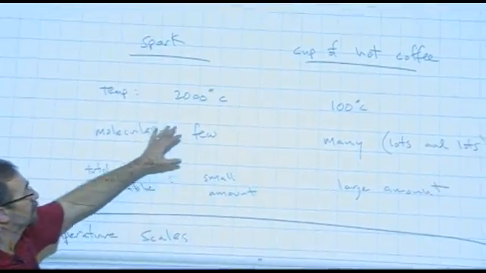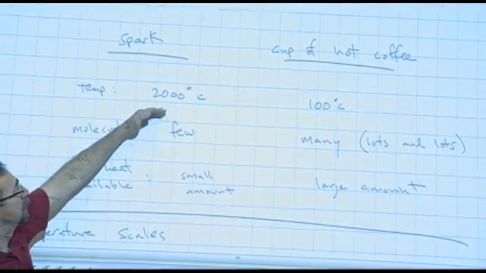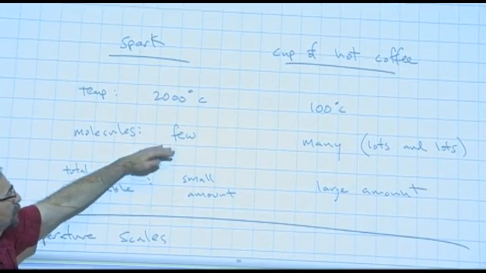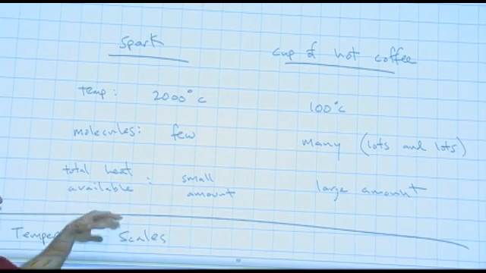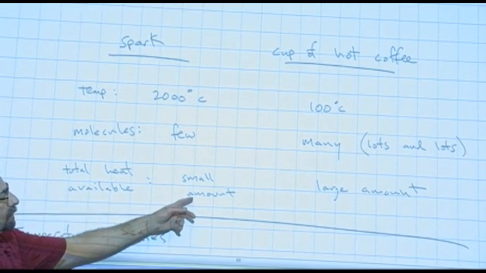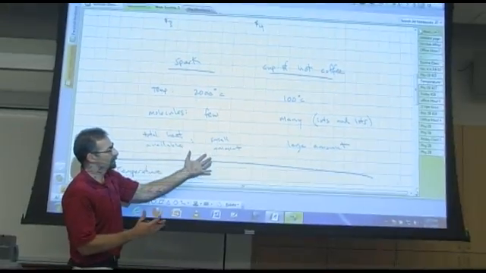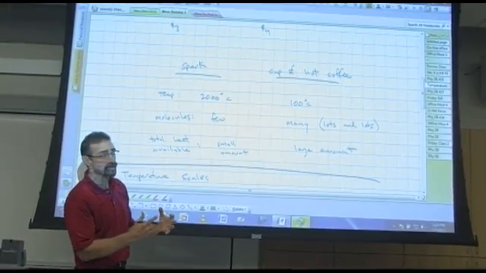temperature and heat. So temperature tells us the energy of each molecule, but you have to know how many molecules there are before you can figure out the total heat available to go into your skin. In that spark, because there were so few molecules, there wasn't a lot of total heat available that could go into your skin and do damage.